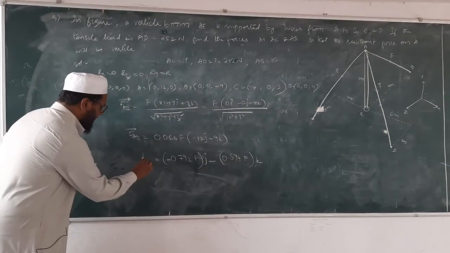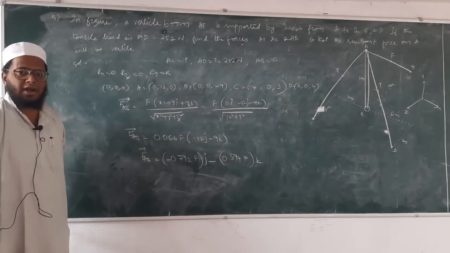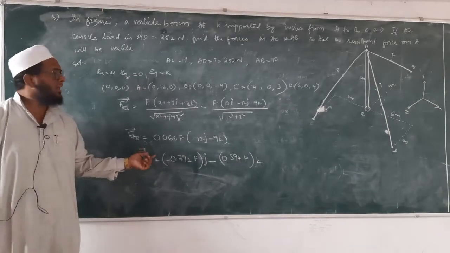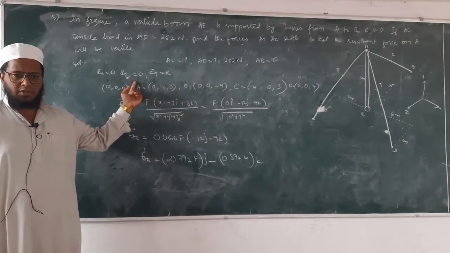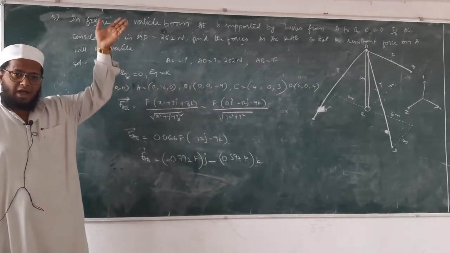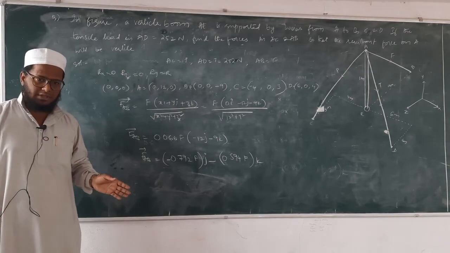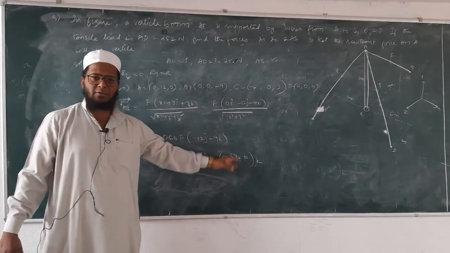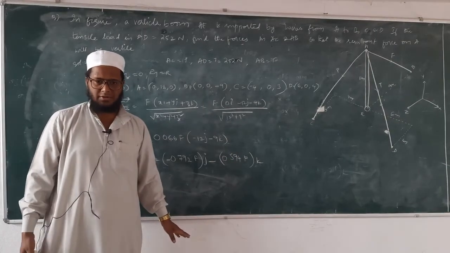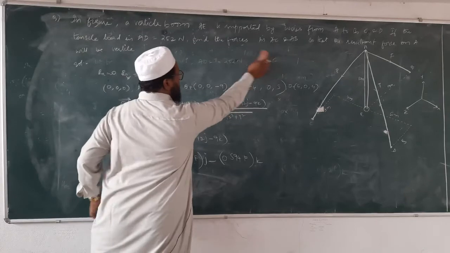We have the force vector AB, right? Now after this one, what we have to do now? See here, Rx is equal to 0, Rz is equal to 0. That means the summation of i values will be equal to zero. Summation of z values, that is this k value, will be equal to 0. Right? Copy down. You calculate resultant.